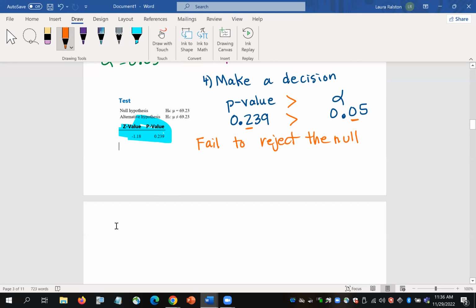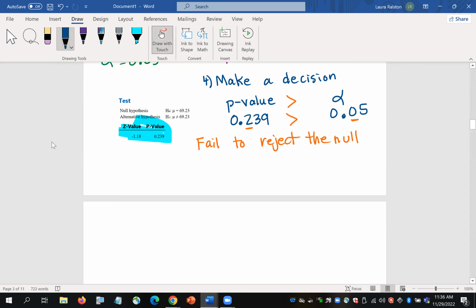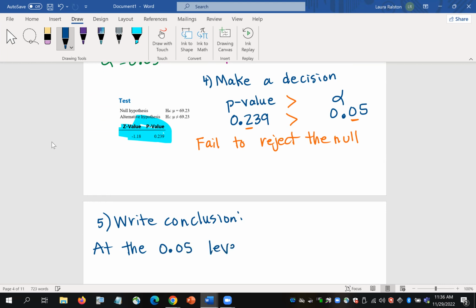which then takes us to the last step where we need to write our conclusion. So it would be at the 0.05 level of significance. Let's go back up here to the question to make sure we get it right.